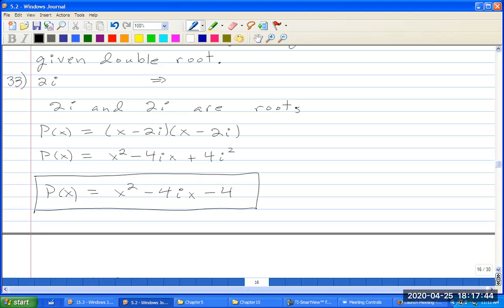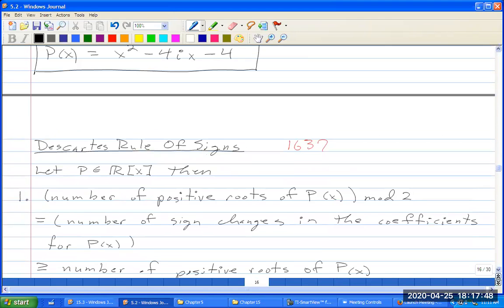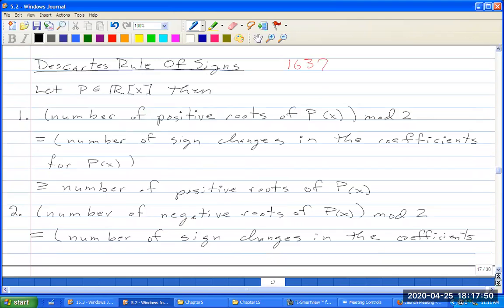Okay, so now let's look at Descartes' rule of signs. So René Descartes, 16. So you've heard of Descartes before when we were looking at Cartesian coordinates.